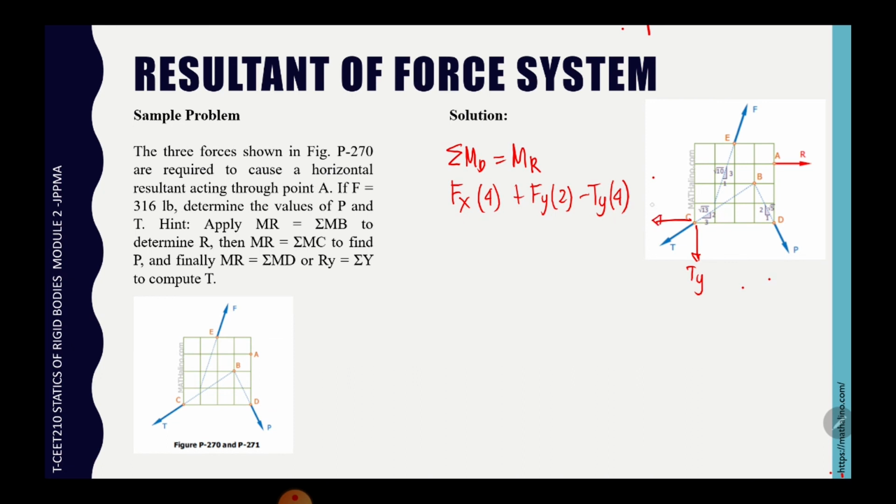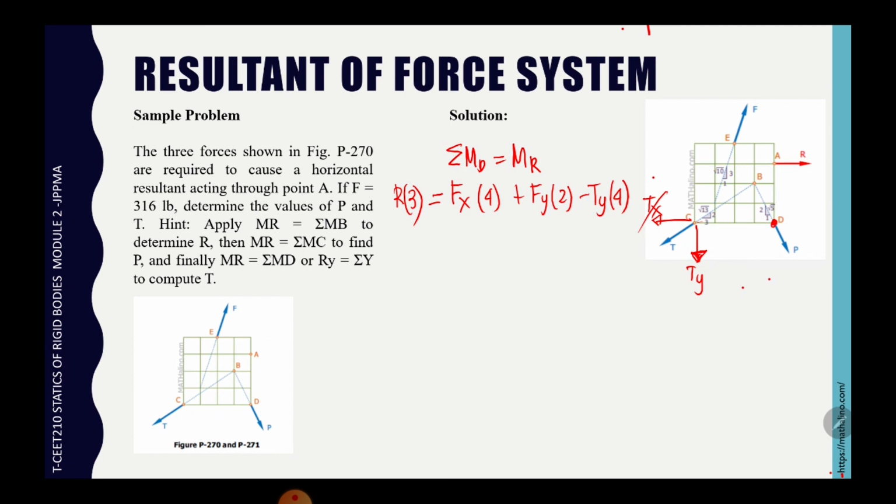Si Tx kasi, cancel siya kasi 0 yung distance niya sa D. Yung perpendicular distance niya sa D. Samantalang si Ty, ang perpendicular distance niya ay meron siyang 4. So, equal to R times 3. Kasi dito sa D.